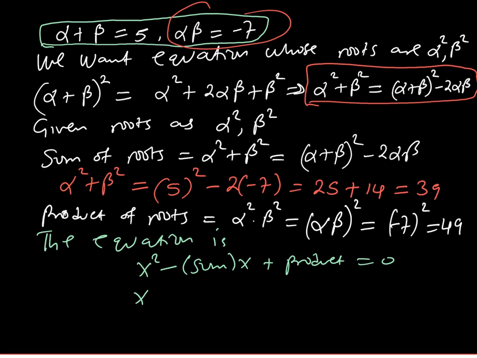Now this is x squared minus the sum, 39, times x plus our product, 49, equals 0, and that's the equation whose roots are alpha squared and beta squared, given alpha plus beta is 5 and alpha beta is minus 7.